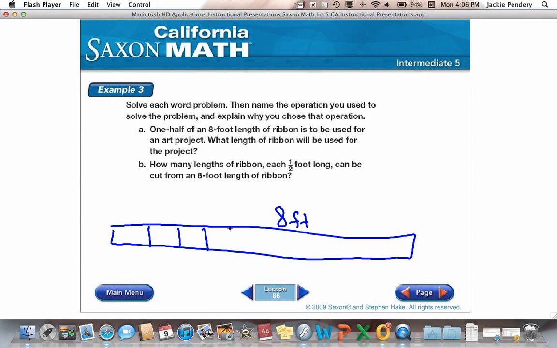Okay, pretend those are equal. Now those are each 1 foot, but I want 1/2 foot ribbons, so I'm going to cut them again. I am dividing them into smaller pieces. And so you can see that I am dividing. So if you count them now, there will be 16 different ribbons.